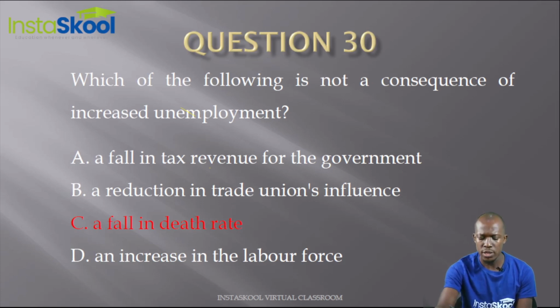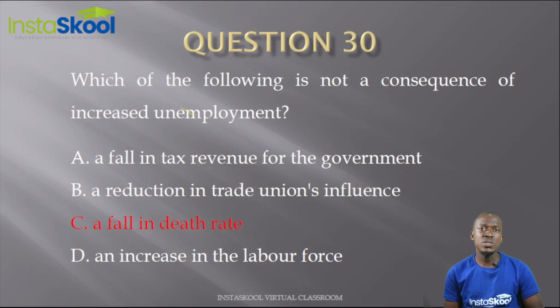So A says a fall in tax revenue for the government. Yes, if I don't have a job, the government cannot tax me. So if there are plenty people without jobs, there are plenty people that the government cannot get tax from. So it will reduce the tax revenue of the government. That's a consequence. Option B says reduction in trade unions' influence.